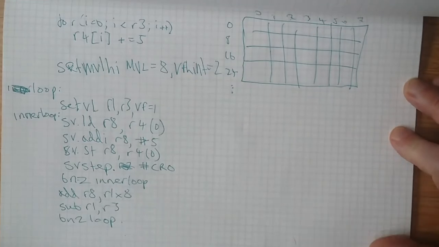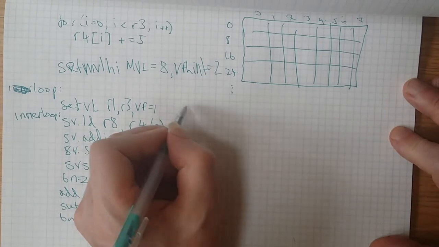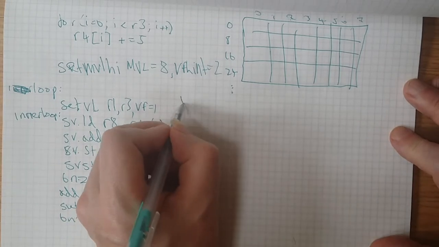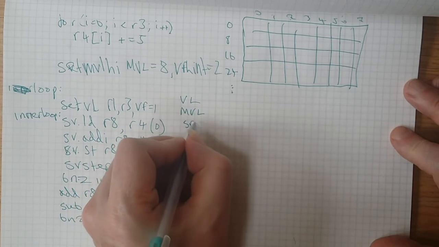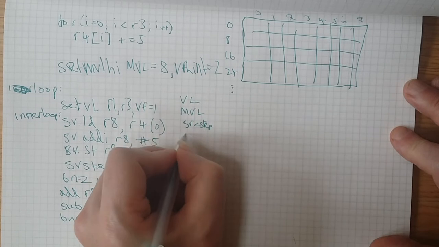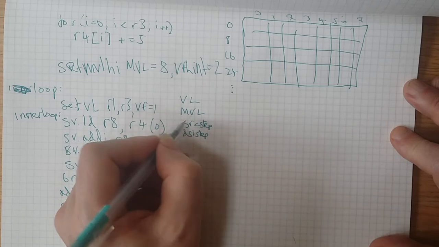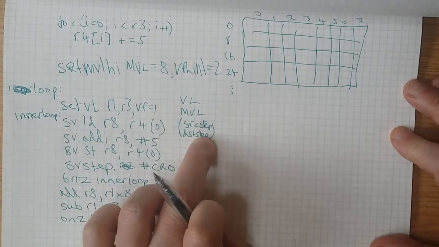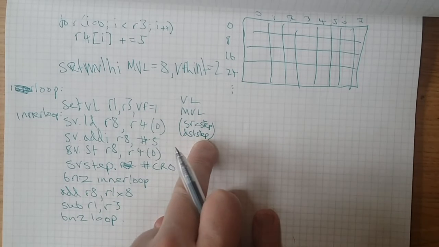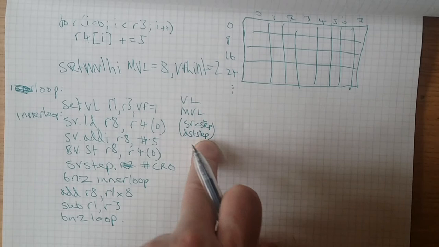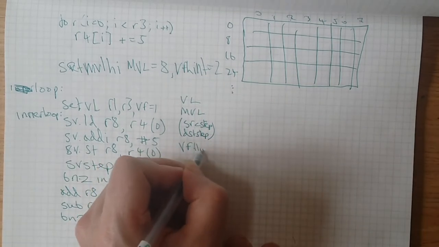Now, it's worthwhile spelling out here that we have VL, MVL, source step, and dest step. But for illustrative purposes, we're going to treat those two as the same. They're not the same if you involve predication, but we'll just talk about one of them as being the same value, and VF hint.